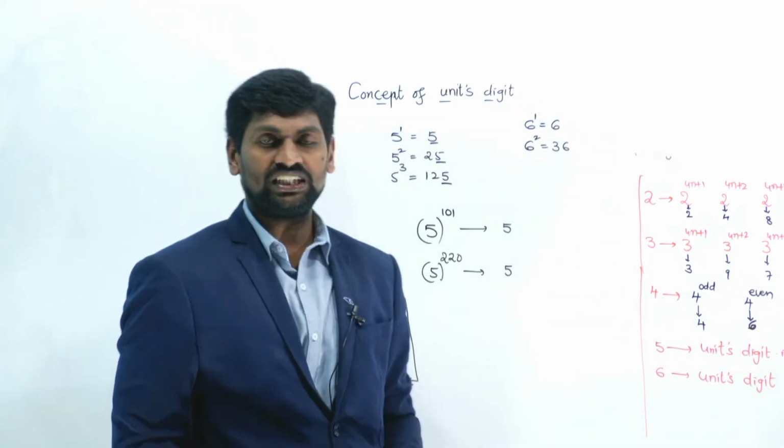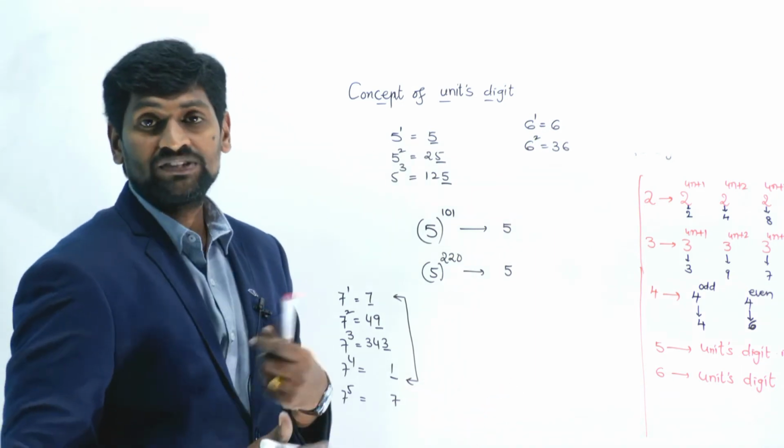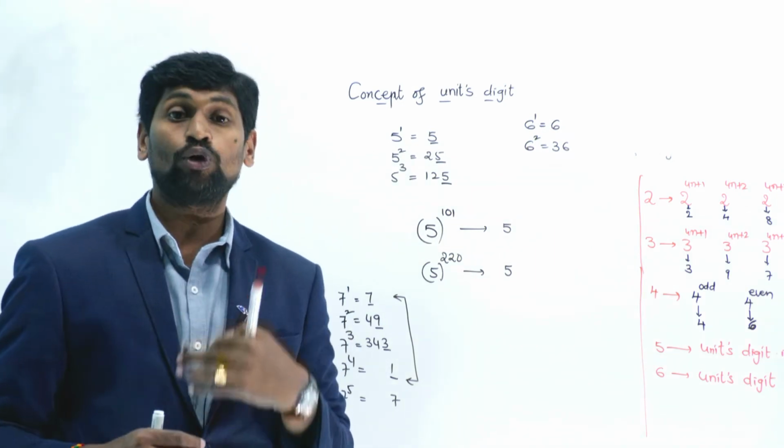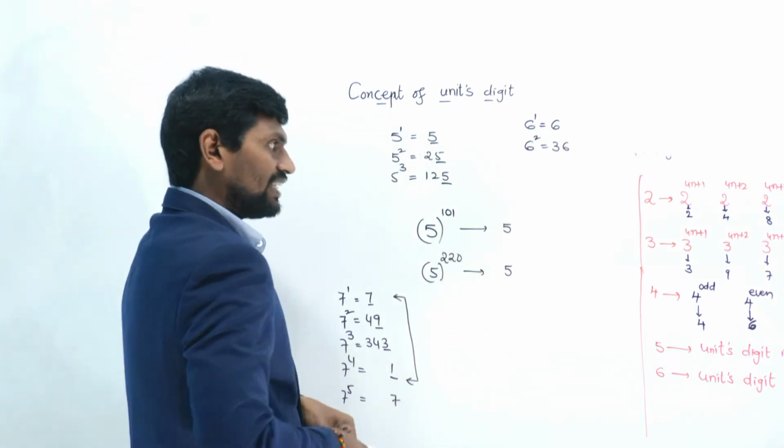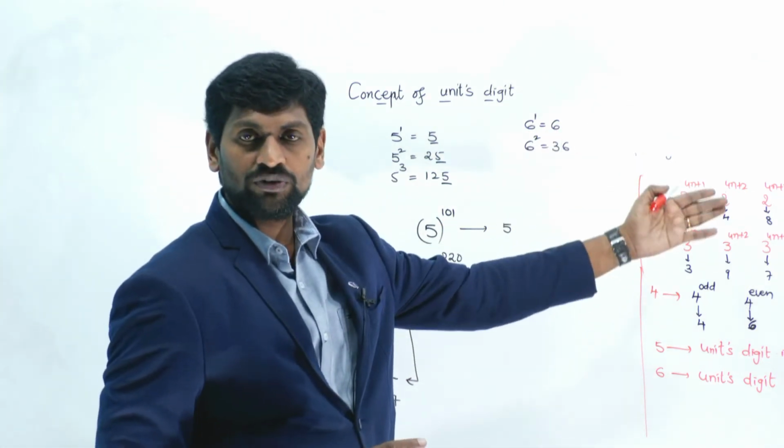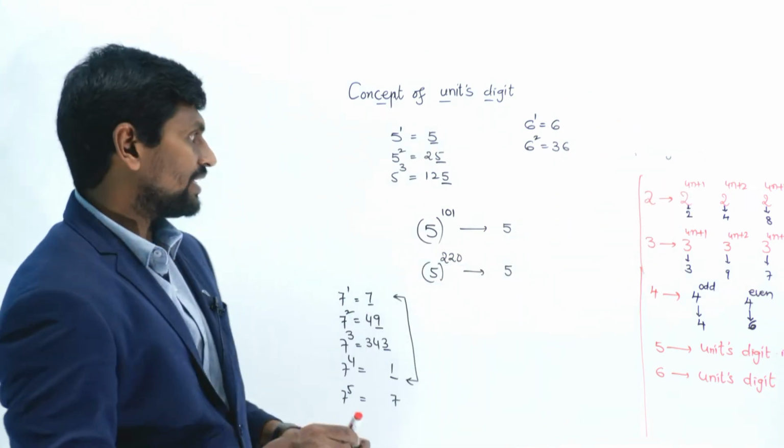Like 2 and 3, 7 also repeats for every 4 terms. Okay? So here also we need to identify 7 power 4n plus 1, 4n plus 2, 4n plus 3 like that.